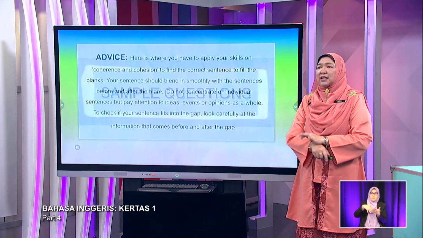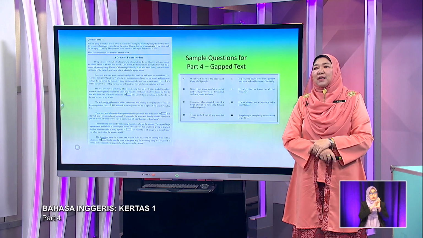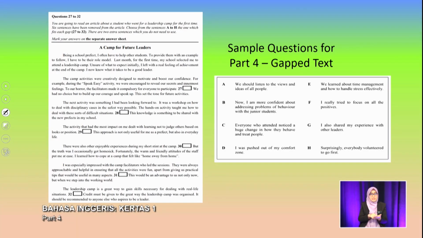Now here is the sample questions for part 4. This is how it looks like in the paper itself. We have the text on one page and another page for the options.